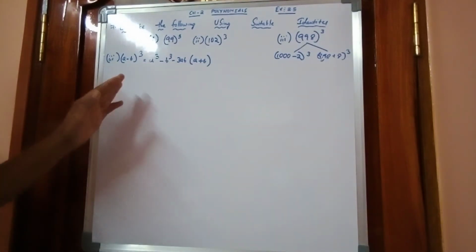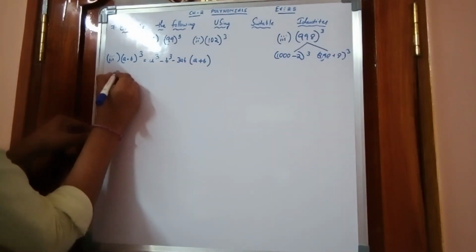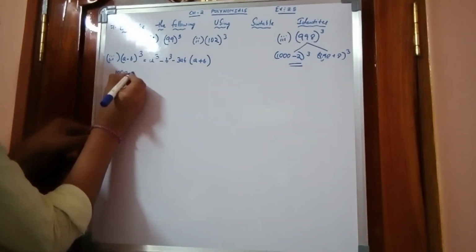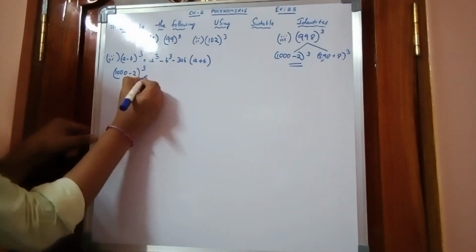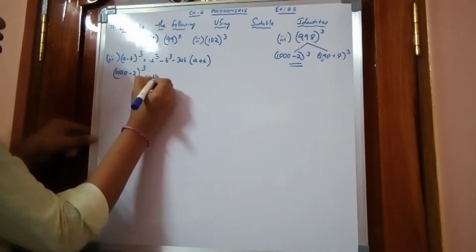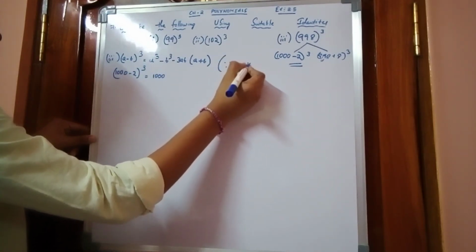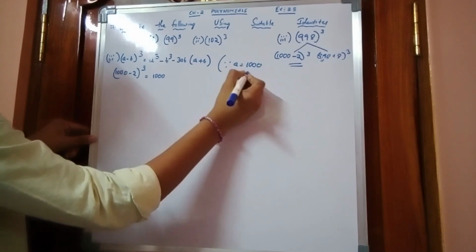Yes. So now multiply. You have already taken 1000 minus 2 whole cube. So 1000 minus 2 whole cube, here a is equals to 1000 and b is equals to 2.